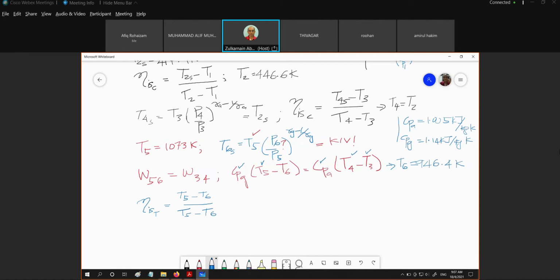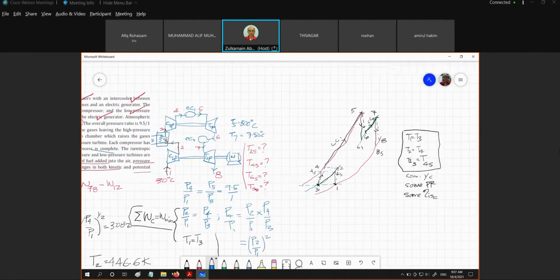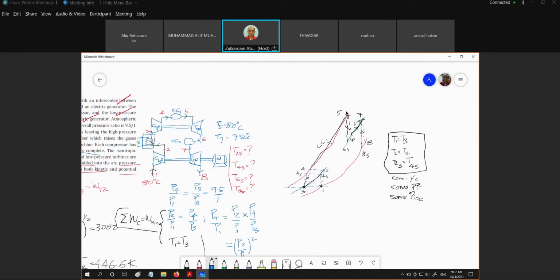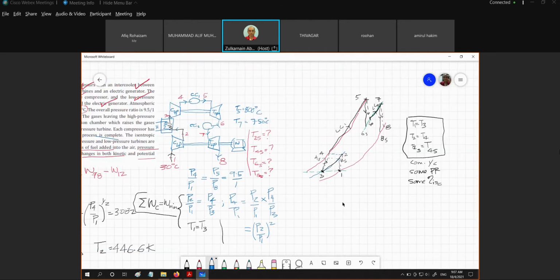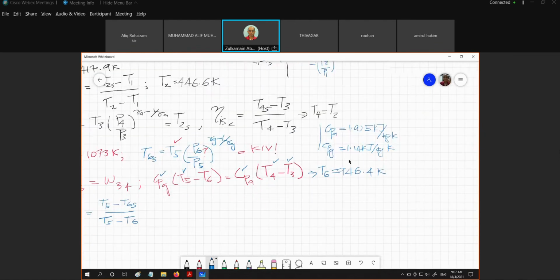The longer line should be T5 minus T6S, and the upper one should be T6. You can see it when you look at the TS diagram. Sorry, I got the wrong place for the T6.